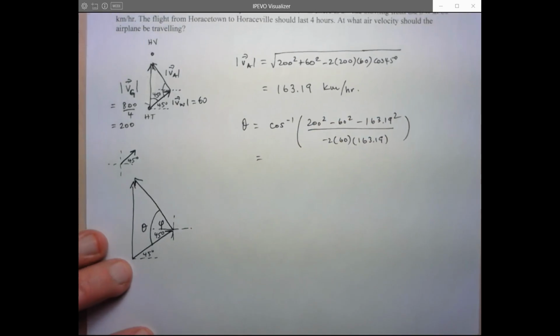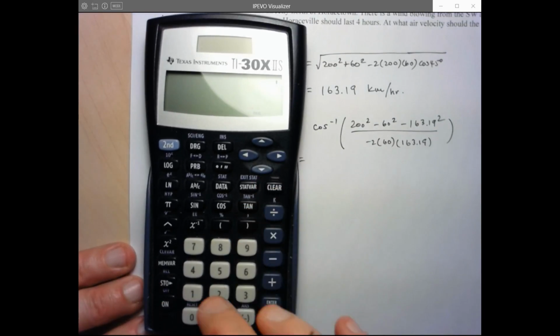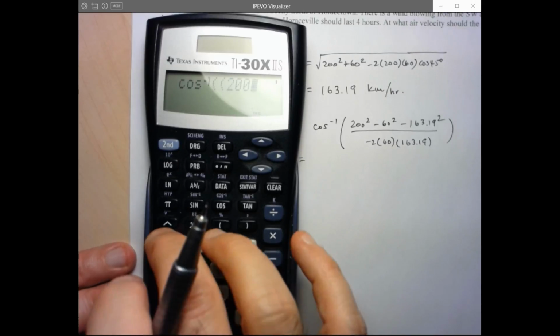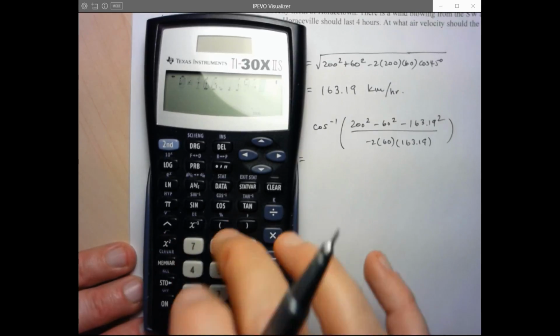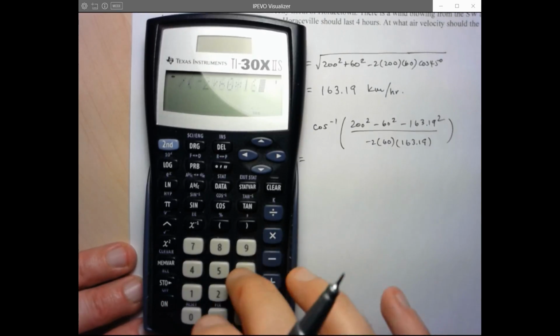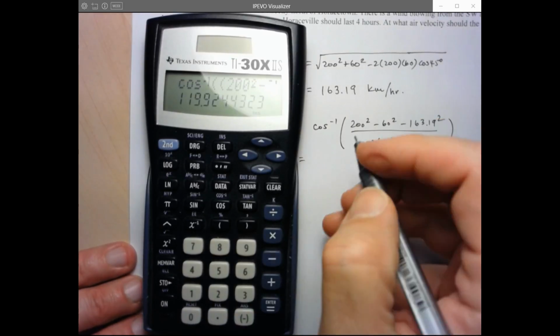Let's calculate that. Cos inverse, open your bracket for the top, 200 squared minus 60 squared minus 163.19 squared, close brackets, divided by, open bracket, negative 2 times 60 times 163.19, and we get 119.92.